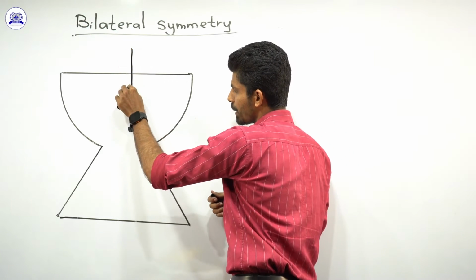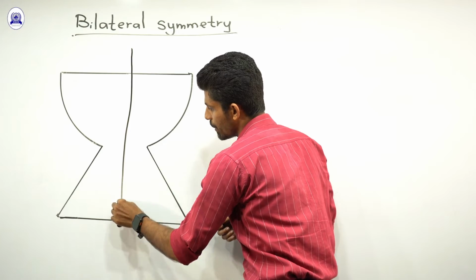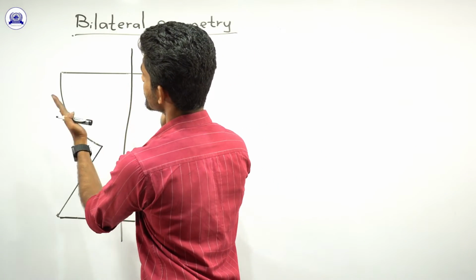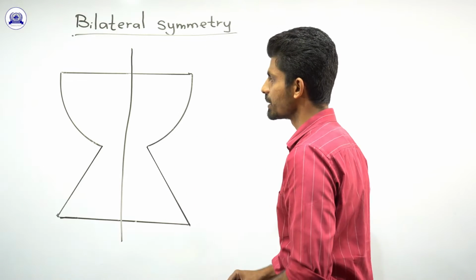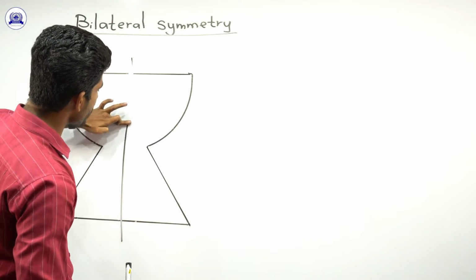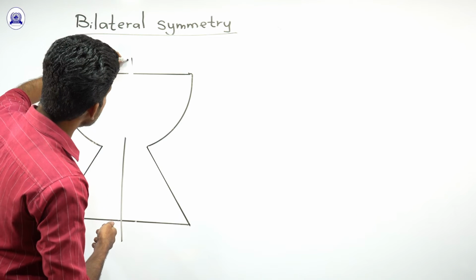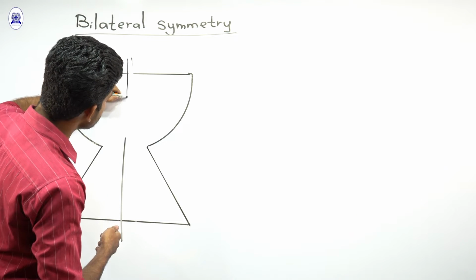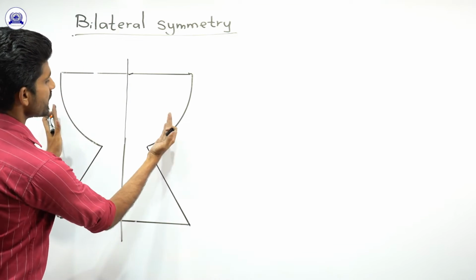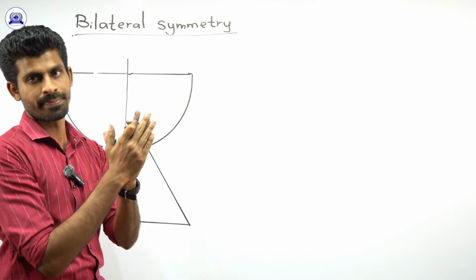Look at this one. You are going to fold along this axis, along this straight line, so you can get equally 2 parts, right?